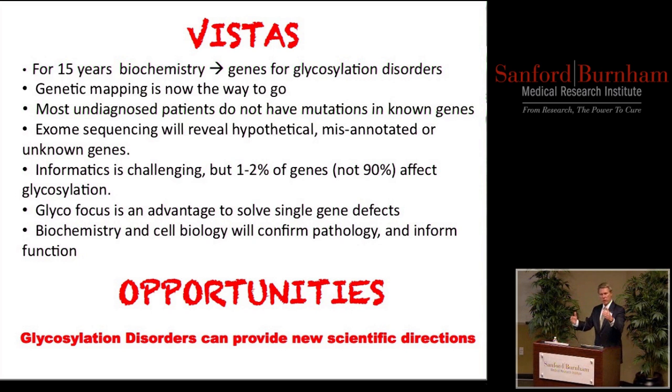So if we spot something in there that we can make some physiological connection to, then we have a better chance of finding that defective gene. So the biochemistry and cell biology is going to be necessary to confirm the pathology, but I think there are great opportunities. And glycosylation disorders, I think, will provide us scientific discoveries, because this is the way it goes.